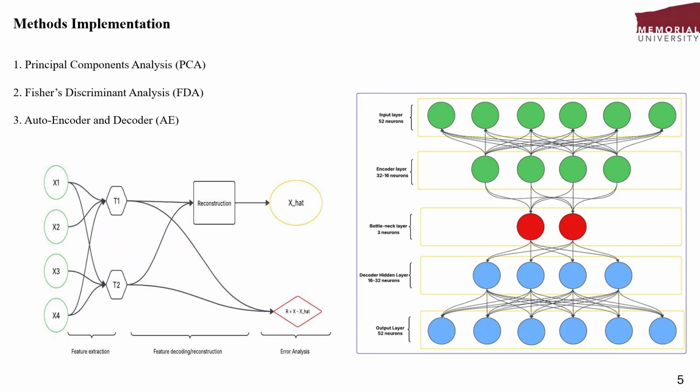For example, the first method is PCA. PCA is an unsupervised linear method which tries to capture the variables which have the most variance in the datasets and put them together.